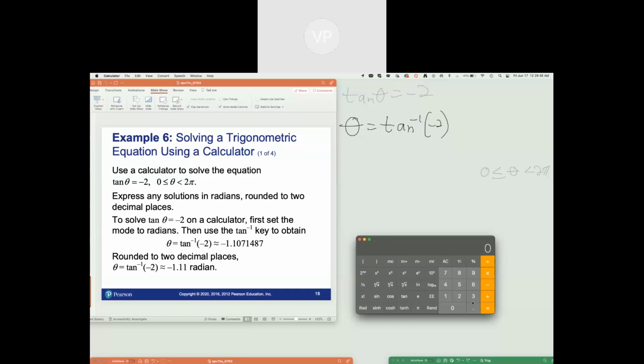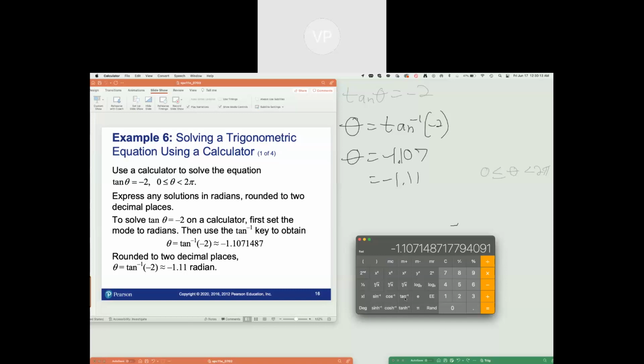Okay, so when I plug this into my calculator, plug in the -2. We do want to be in radians, so make sure we're in radians. And we hit the second or shift, and we hit inverse tangent, and you see you get -1.1071. To the nearest 2 decimal places, let's make that -1.11.